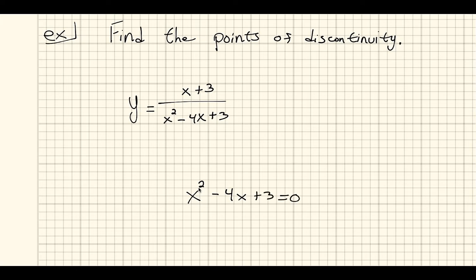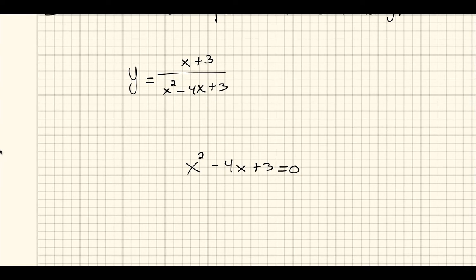And if you recall, this is quadratic, so we need to either use quadratic formula, factor, something along those lines. Looks like I can probably factor this to an x minus 3 and x minus 1, right? Because we have an x squared minus 1x minus 3x, that's the minus 4x, and then a positive 3.